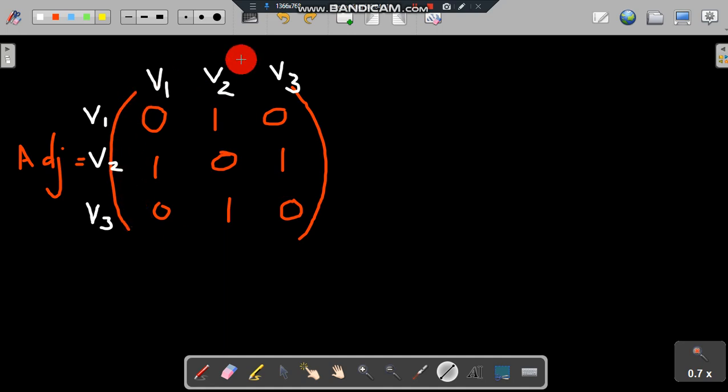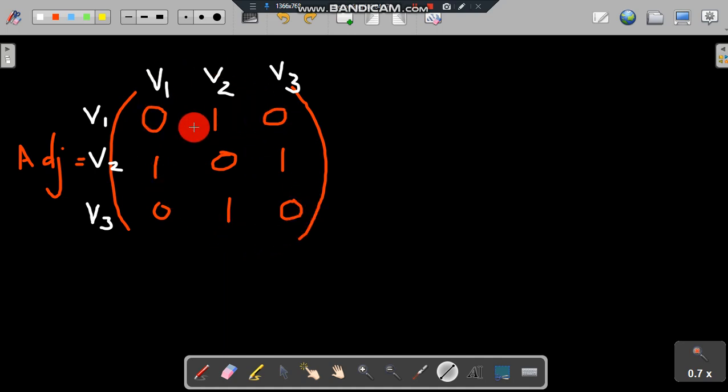So this matrix is called an adjacency matrix. If the vertices are near to one another, I mean adjacent to one another, 1 will come, and if they are not adjacent to one another, then 0 will come. So on the basis of that, we have to draw the graph for this matrix.